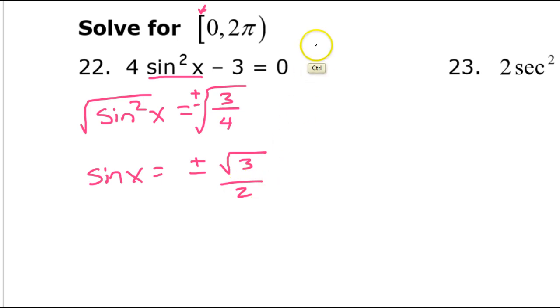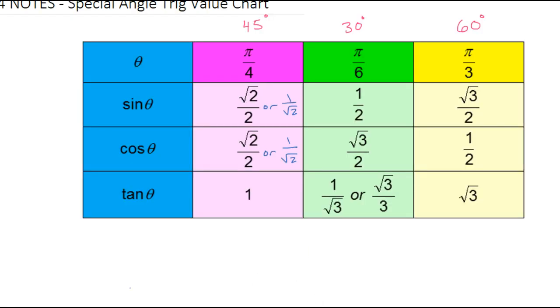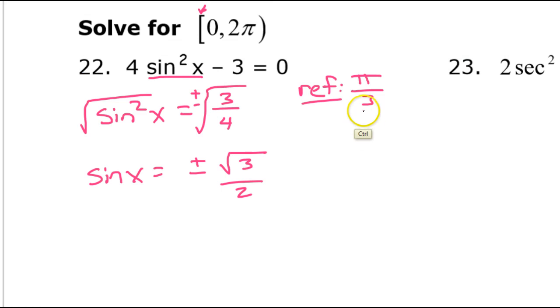You should be thinking pi over 3. Right? That's the reference angle. And I'm assuming you've memorized these. So when you see the sine and it's radical 3 over 2, you should automatically be thinking the reference angle is pi over 3.